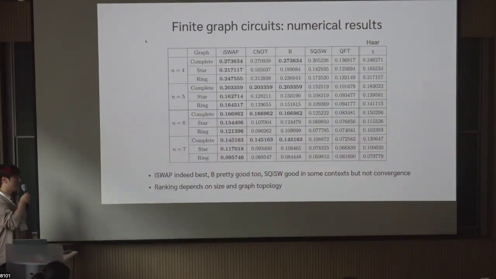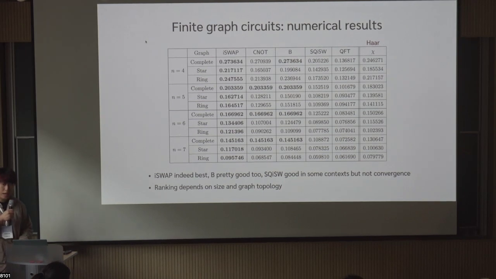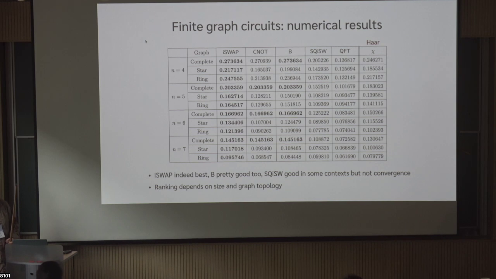So if we work with a specific size or graph, we really need to do the numerics. For the complete graph, even the C naught gadget is better than the others. Well, I do not have very insightful answers, but the dual unitary gates tend to perform really well on complete graphs.